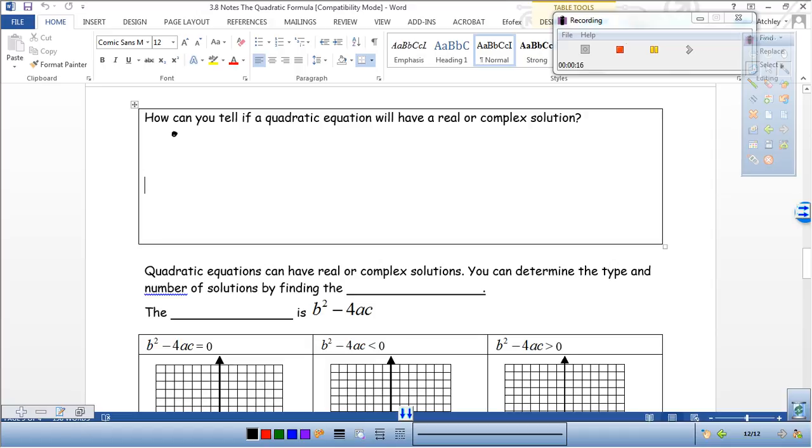If there's a negative number inside my radical, I will have a complex solution. Because remember, the square root of a negative number doesn't really exist. It's imaginary.